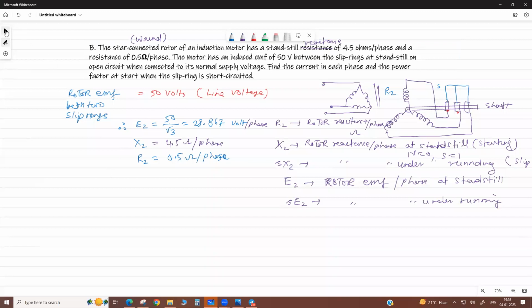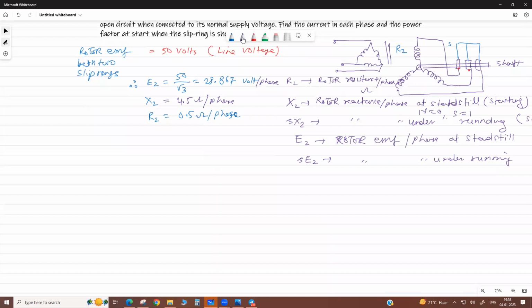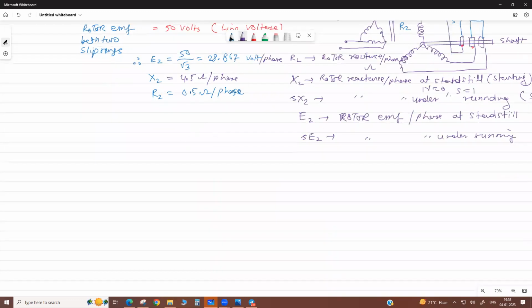It is very simple. Now draw the equivalent circuit of rotor per phase.